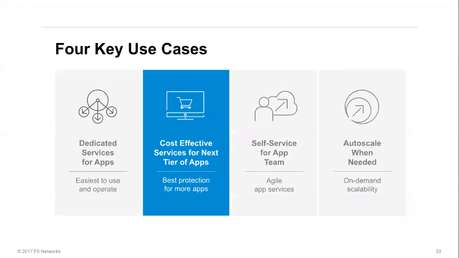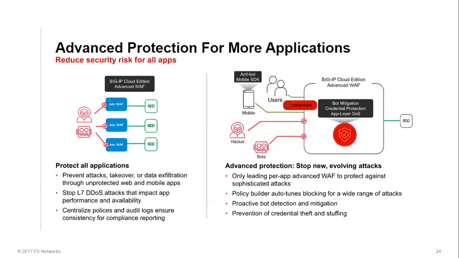So another key point is that its cost is effective for the next tier of apps. It comes with the combination of both the LTM and the WAF, which ensures maximum security for each app.